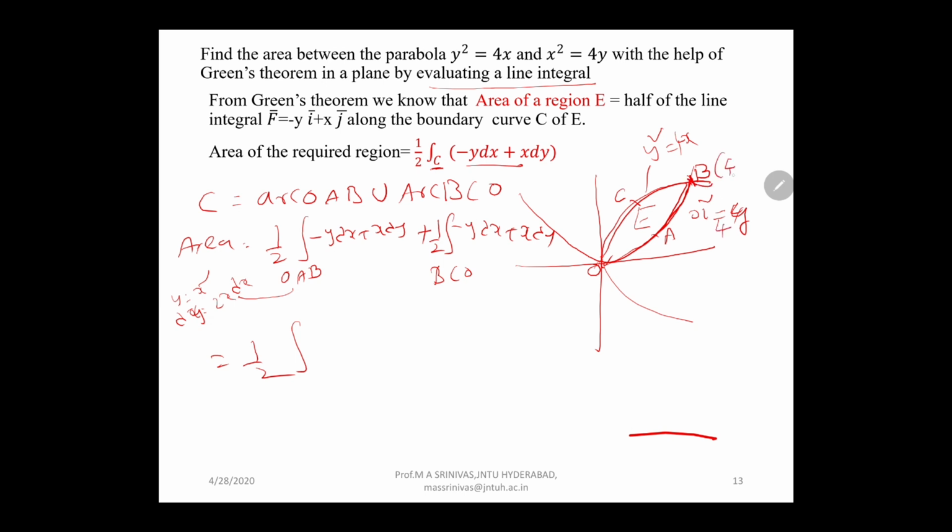The point is 4 comma 4. So 0 to 4 are the limits for x. Minus y is minus x square dx, plus x dy. What is your dy? dy is 2x dx, so 2x square dx.